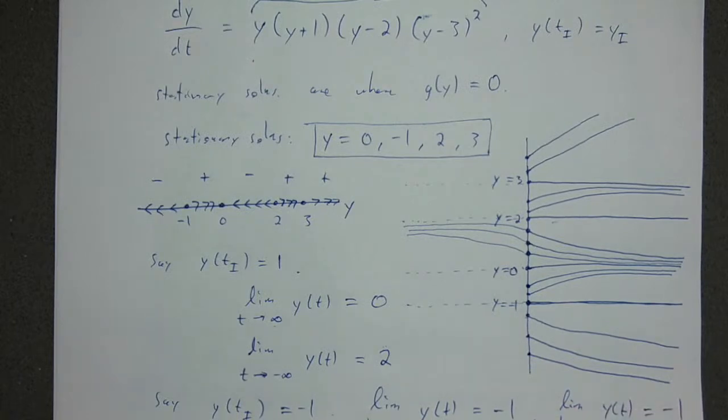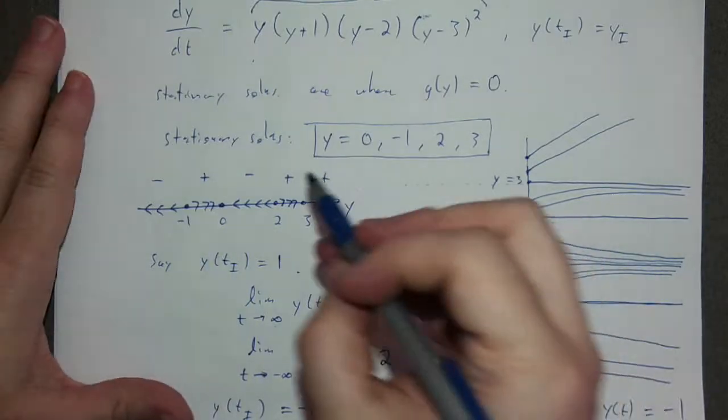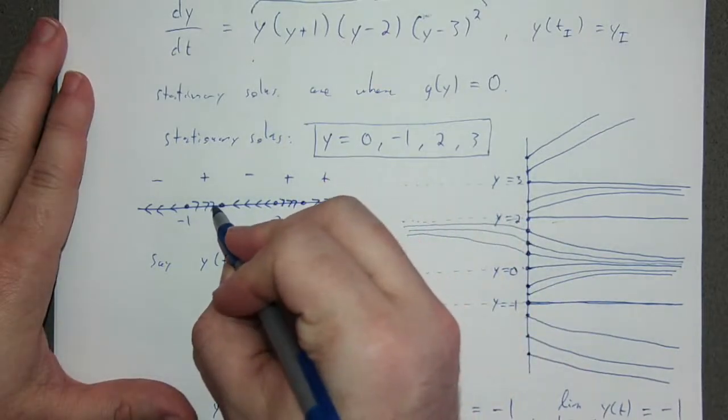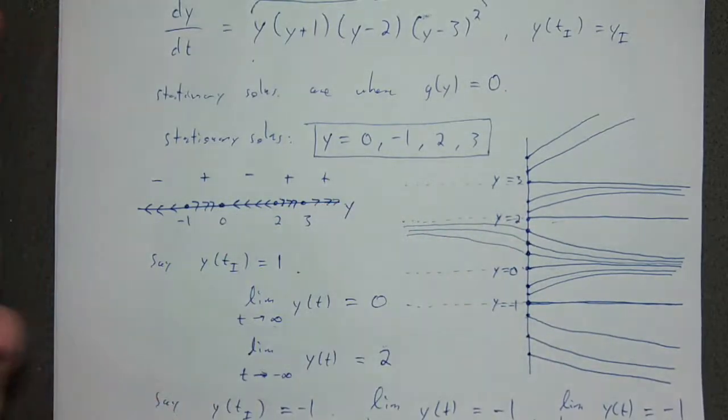So the idea here is if I begin with initial values, say, really close to 0, the question is, do I remain close to 0 as t goes to infinity? If I do, then we would say that 0 is stable. If I don't, I would say that 0 is unstable or something other than stable.